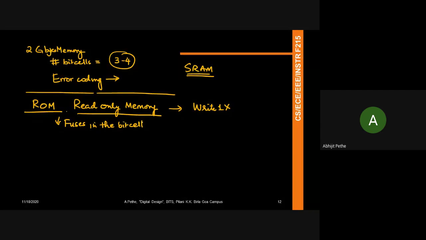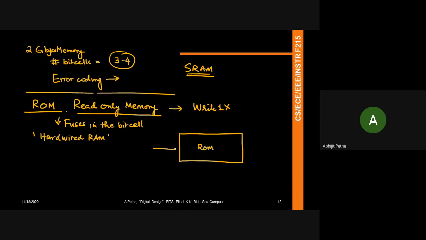So the ROM, if you ask me, think of it just as a hardwired RAM, for this class at least. Because we don't have inputs and outputs to worry about, a ROM can be thought of as k address lines and n output lines, because we don't have the concept of read and write anymore on this ROM.